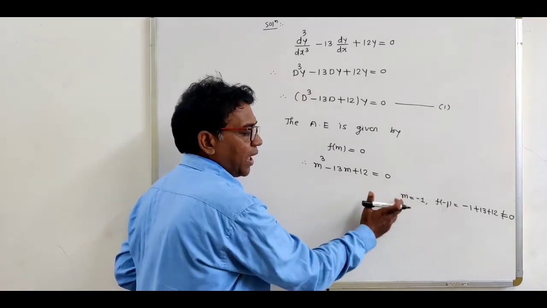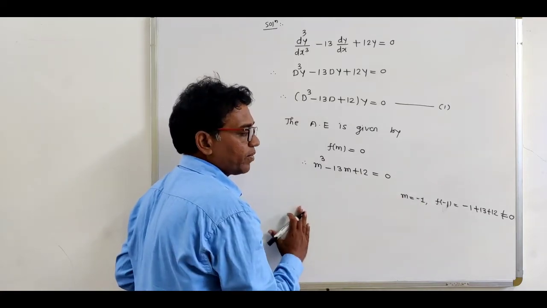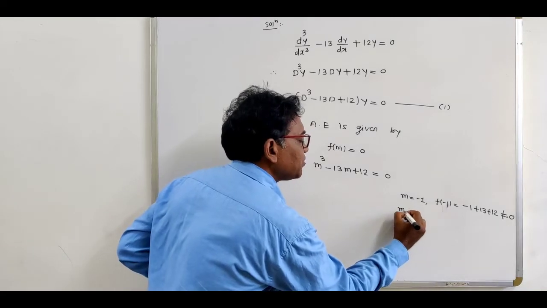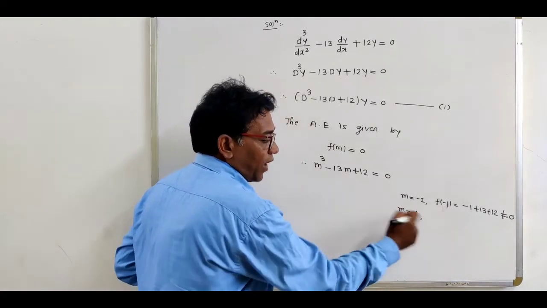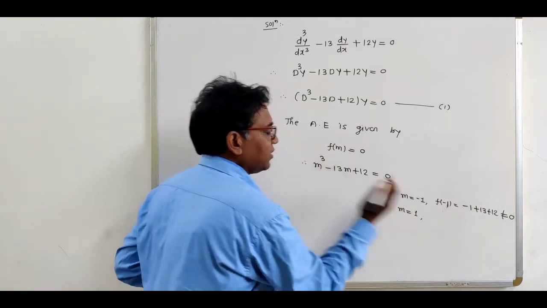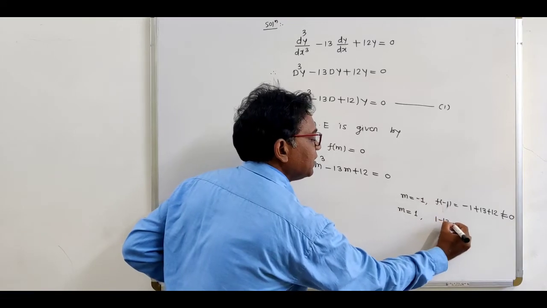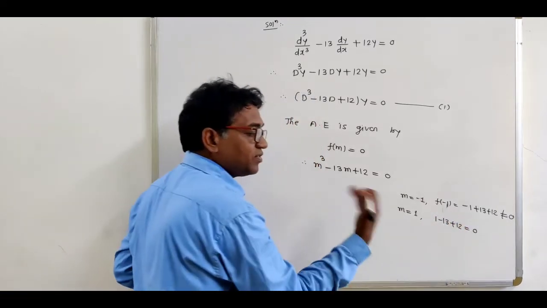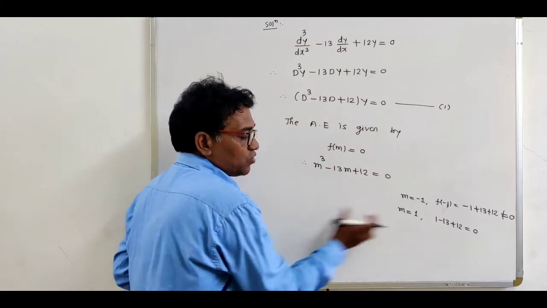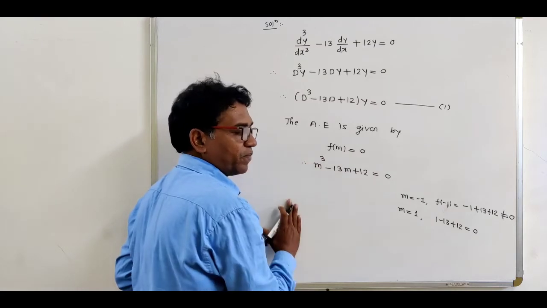So obviously m equal to minus 1 is not a root of the equation. Now try for the next root. Suppose put m equal to 1. Find out this functional value. Put m equal to 1, so this is 1. Then minus 13 plus 12. So 13 minus 13, this is 0, so we get 0 functional value. So m equal to 1 is one of the roots of this equation.